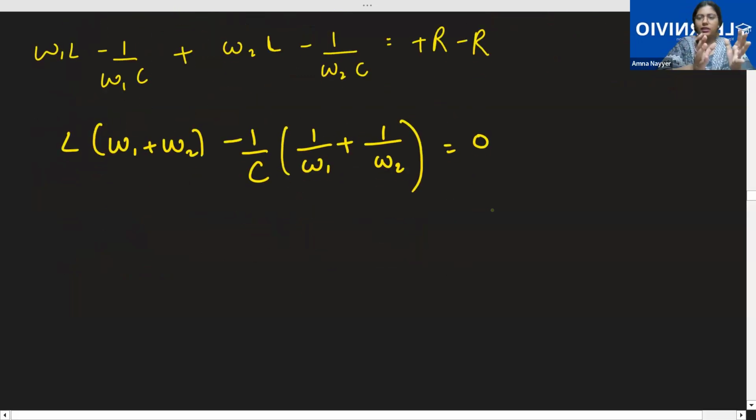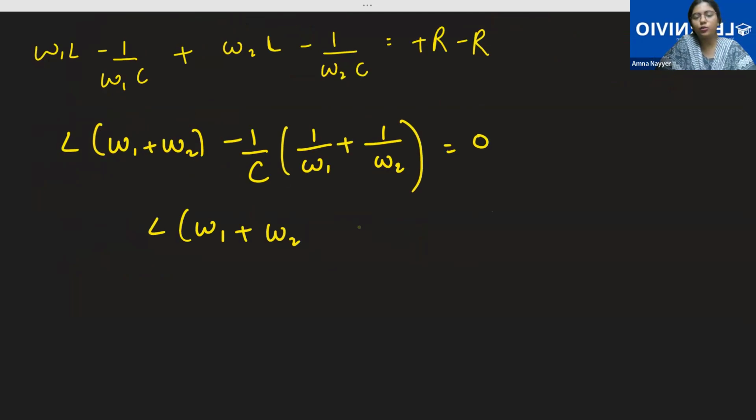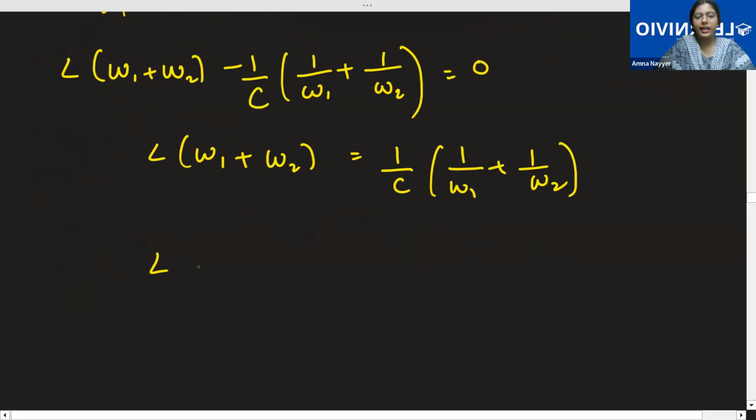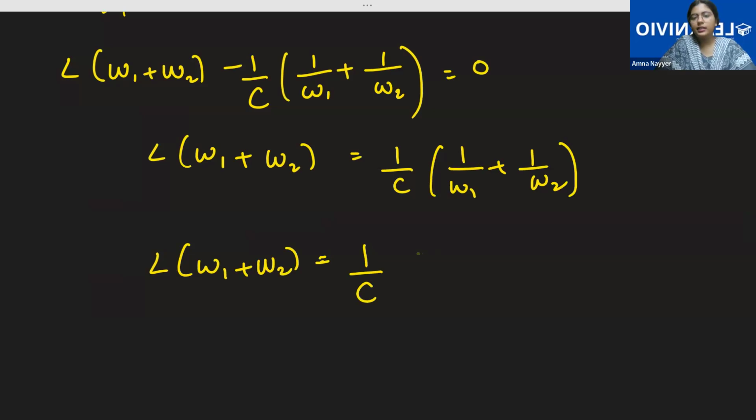So if it is 0, if we shift this term to the opposite side, L times omega 1 plus omega 2 is equal to 1 by C times 1 by omega 1 plus 1 by omega 2. Now let's take the LCM on this side. L omega 1 plus omega 2 is equal to 1 by C times omega 2 plus omega 1 divided by omega 1 into omega 2.